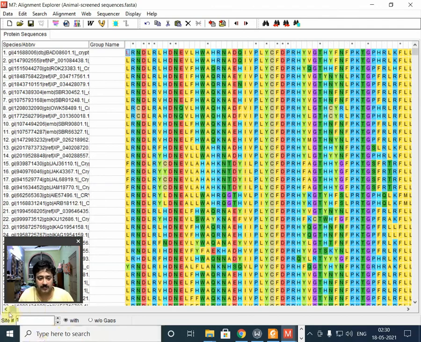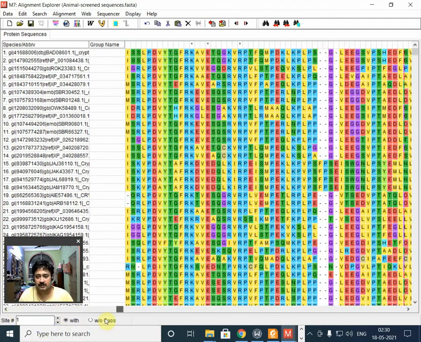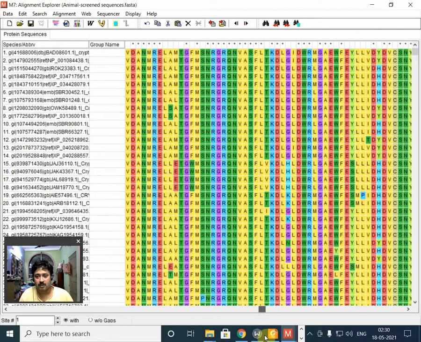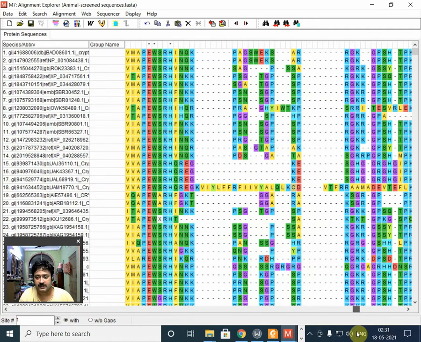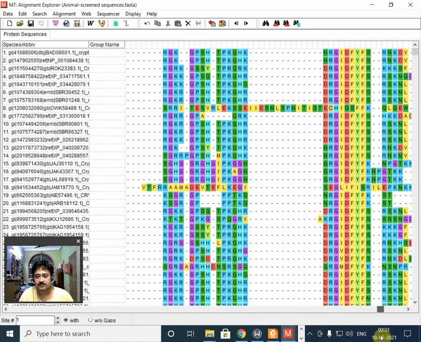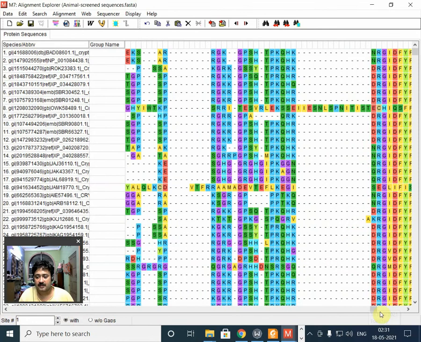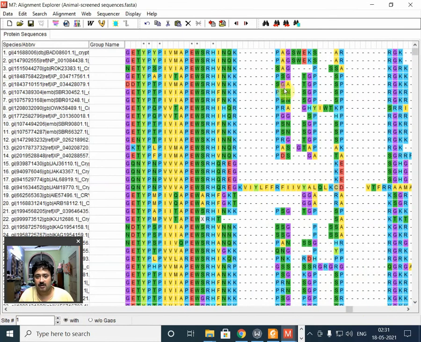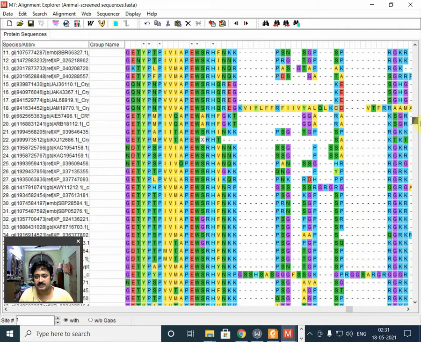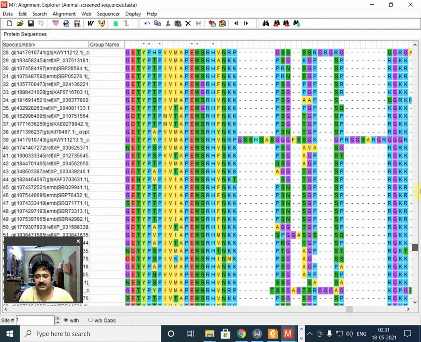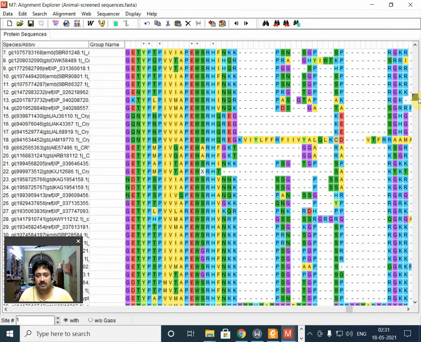Same way, another thing I would like to show you, although I am not going to trim that right now, I will trim it later on. Suppose here, as you can see, till here all the sequences have these amino acids, and after that it is a bit scattered. We will probably do it later on after seeing through the data.